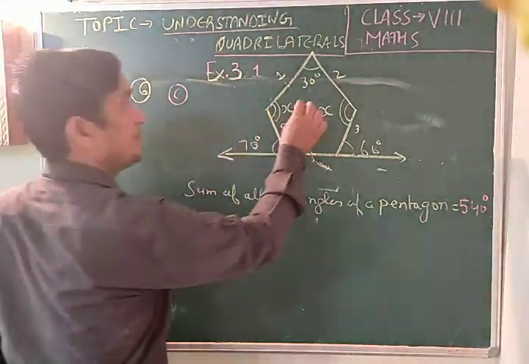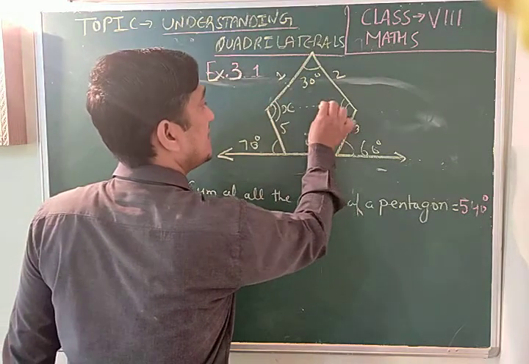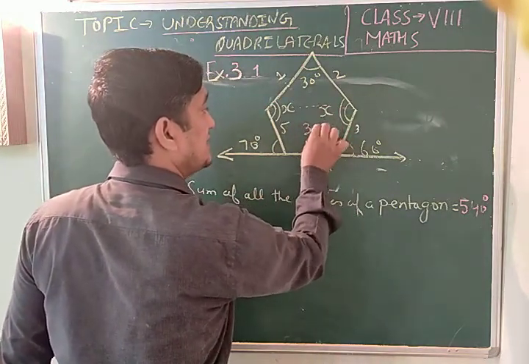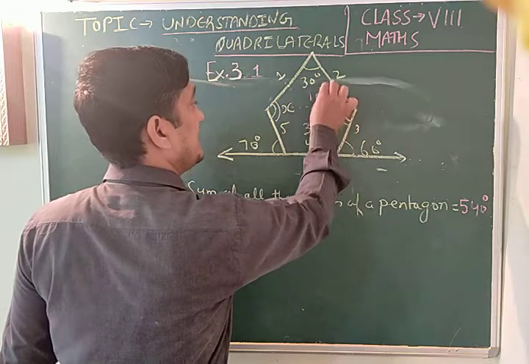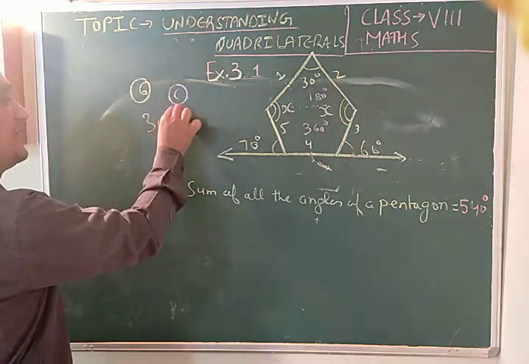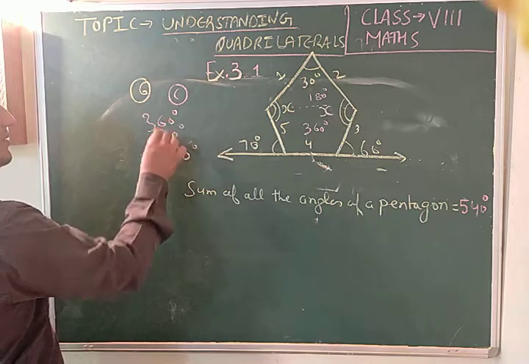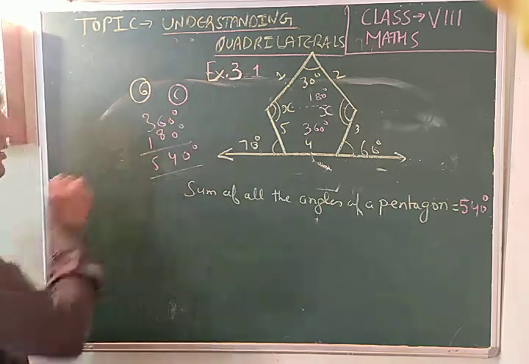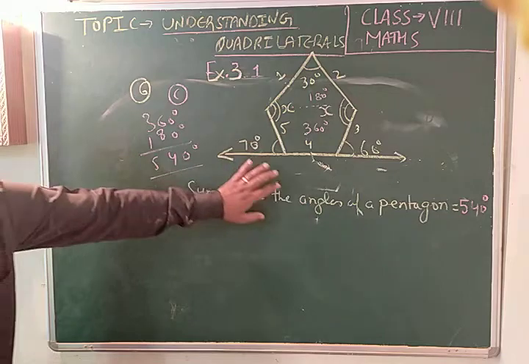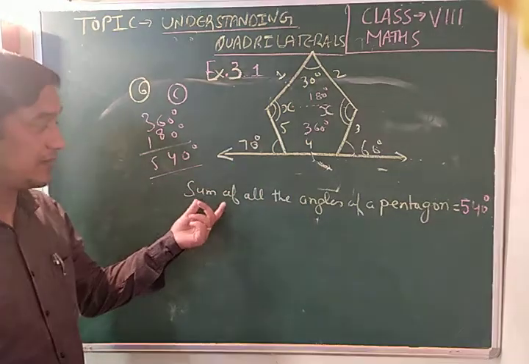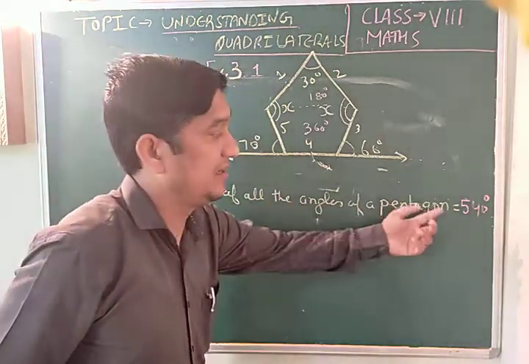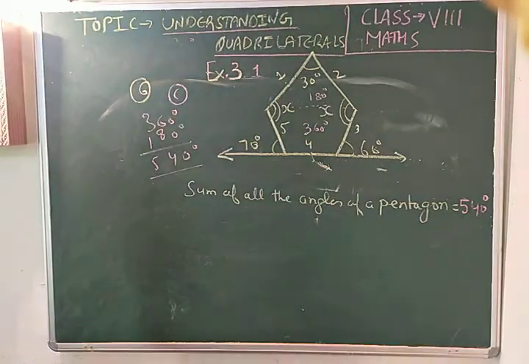You will divide this like this. This is a quadrilateral, 360 degree, and this is a triangle, 180 degree. Add 360 degree and 180 degree. This is 540 degree. You may do it this way. From here we know that the sum of all the angles of a pentagon is 540 degree.